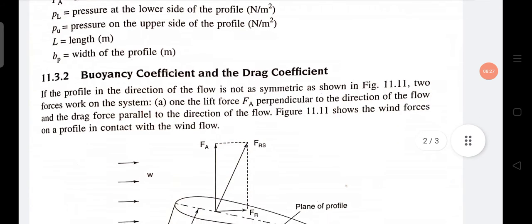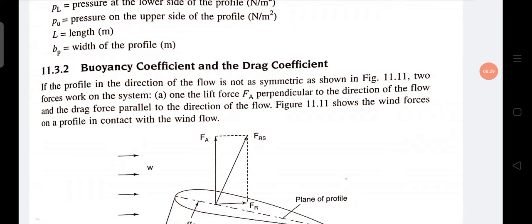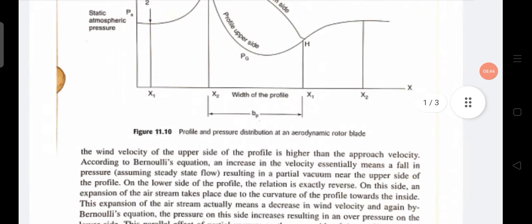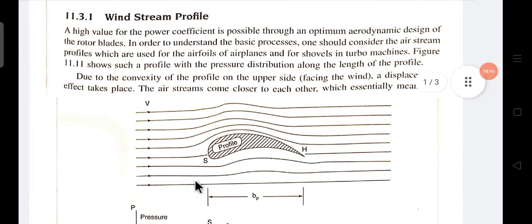Now let us see the buoyancy coefficient or drag coefficient. If the profile in the direction of the flow is not symmetric, as shown in figure 11.1, symmetric means the profile is parallel to the flow of air, or flow of wind.